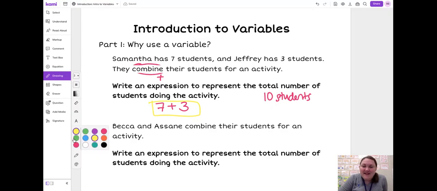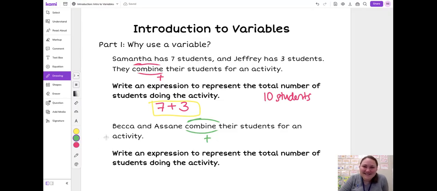The second story is similar, but there's one key difference. In our second story, we have Becca and Hassan combine their students for an activity with the same question. Write an expression to represent the total number of students doing the activity. Here, we're also told they're combining their students, so I know it's going to be addition, but there's one big difference in this story.